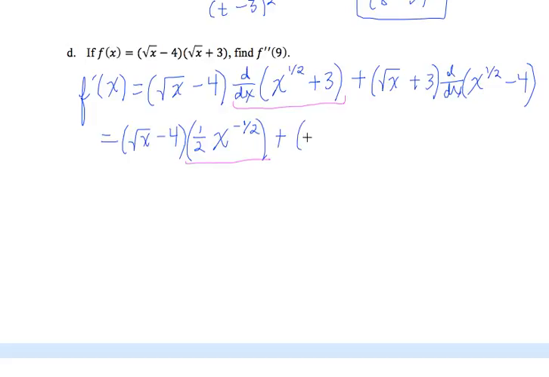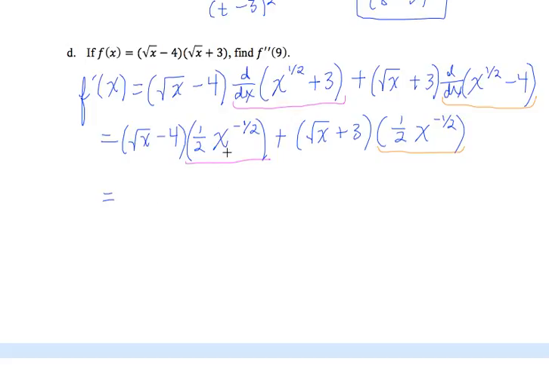Plus root x plus 3 times this derivative, the same actually as the first derivative. Using power rule, it's a half x to the negative a half. The derivative of minus 4 is 0. Okay, before I differentiate that again, I'm going to clean this up as much as I can so that my next derivative will be a little bit easier.